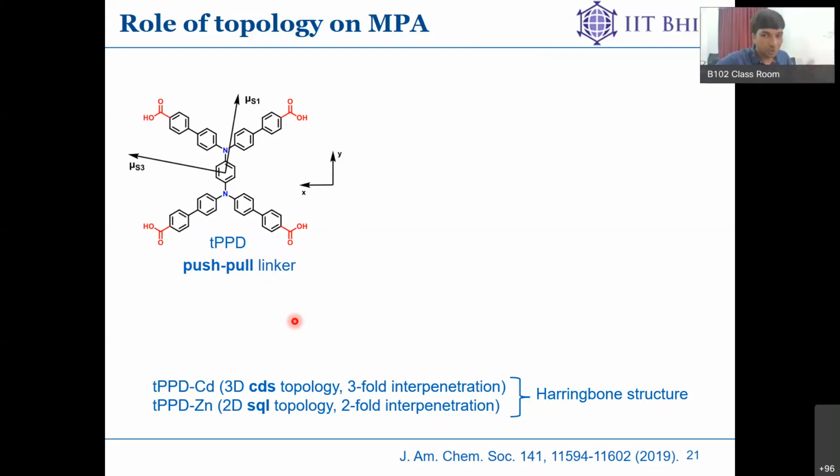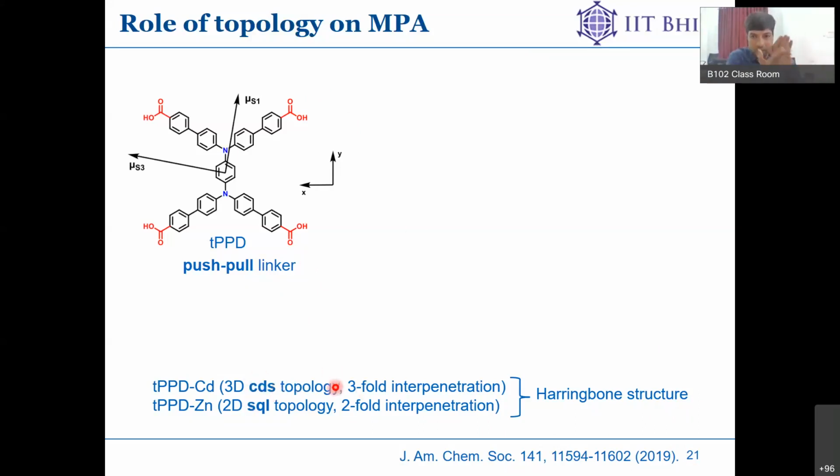and we started using two different metals, zinc and cadmium. If you look into the basic structure, there are herringbone structures. I hope some or most of you might be aware of herringbone structures. More or less, the structures are very similar, and the density of molecules and their arrangement are very similar, but not exactly the same. The only difference is going to be their dimensionality and topology.